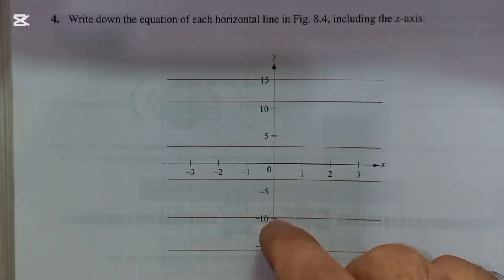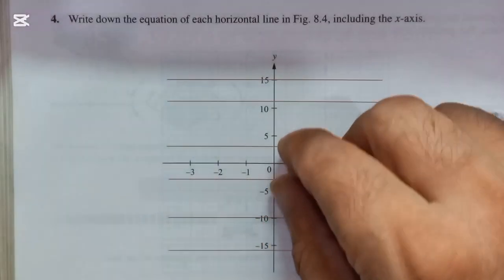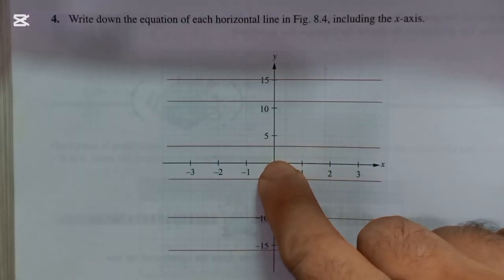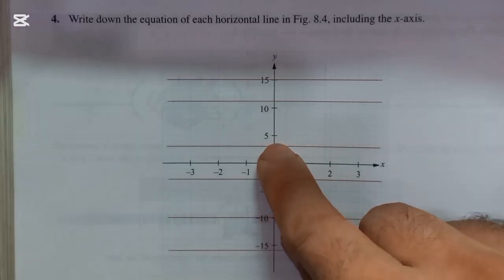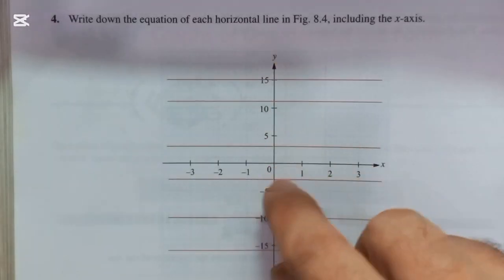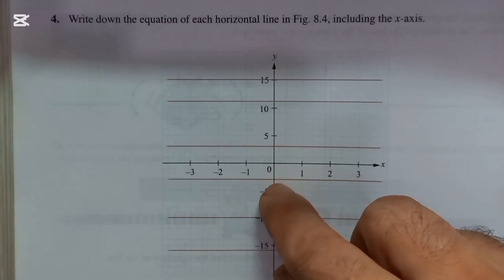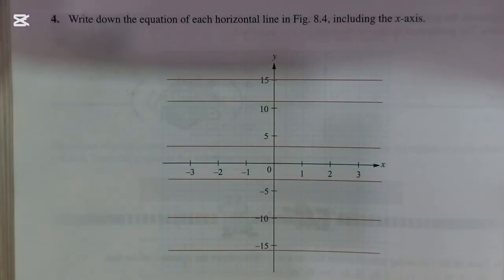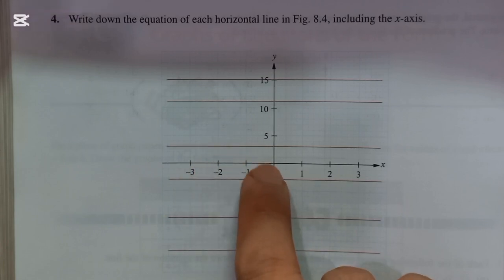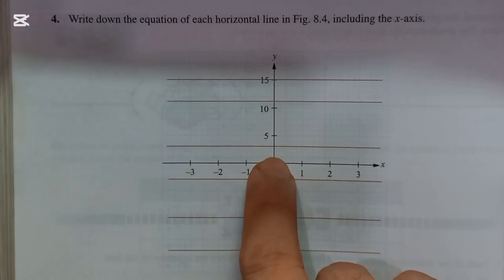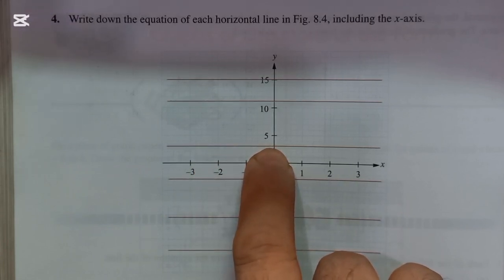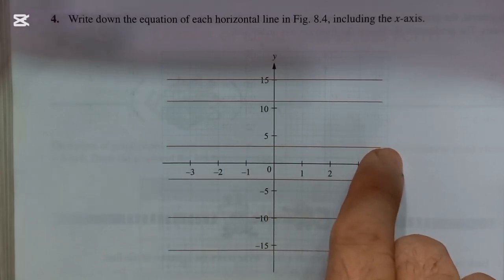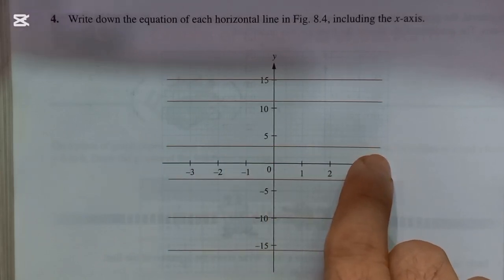First you have to look, one big unit in the graph paper is actually represented by 5 small boxes. So 1, 2, 3, 4 and 5 and so on. So it means in one big box on the graph paper there are 5 small boxes. The first line is actually passing through 1, 2 and 3, so the third small box, parallel to the x-axis, so it means the line will be y is equal to 3.